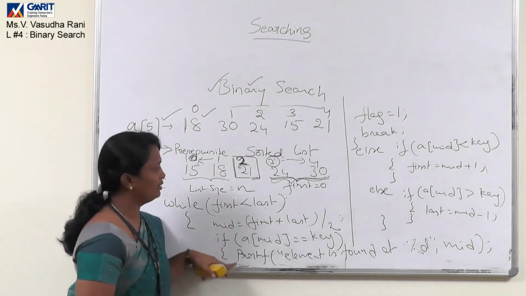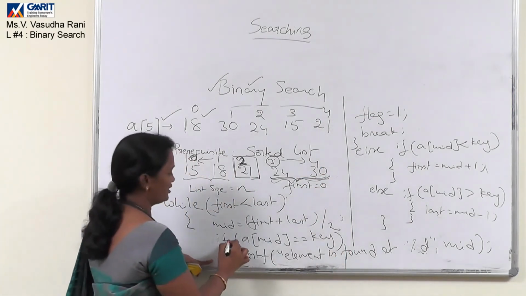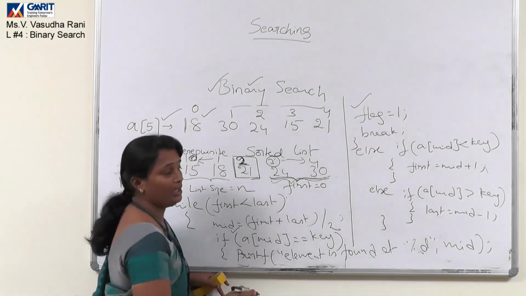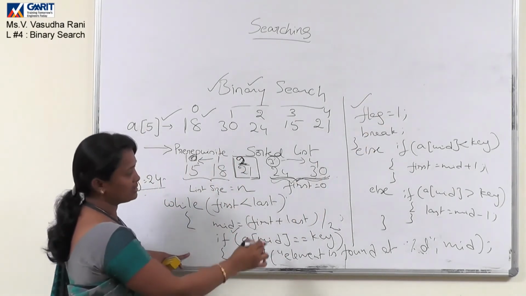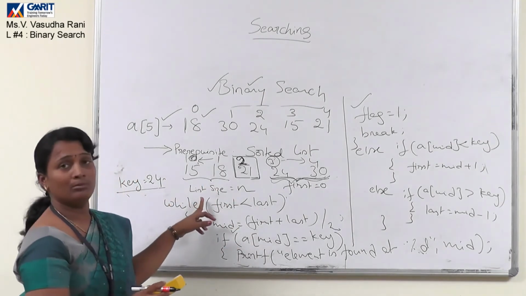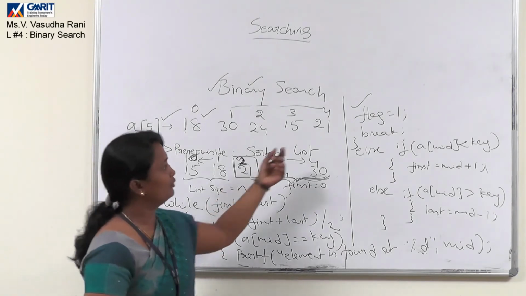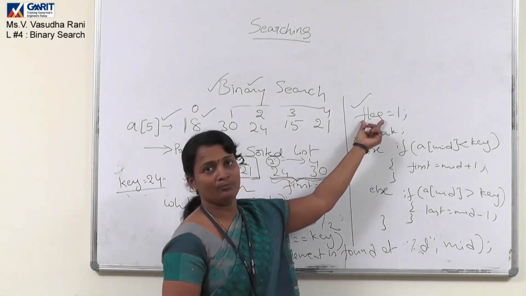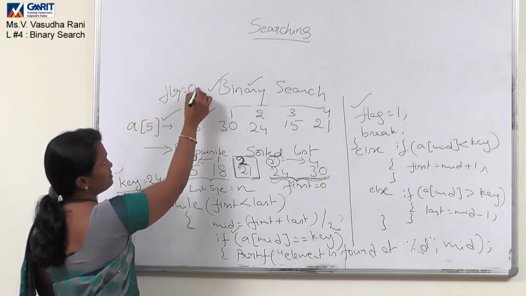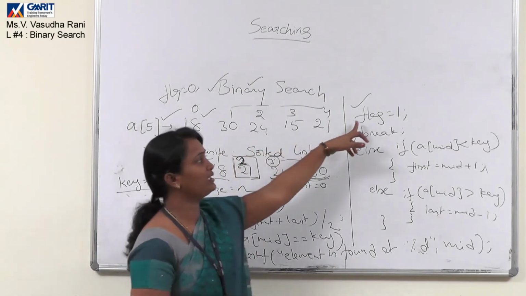So through this we will be identifying, once we reach the state, if A of mid is equal to key and flag is 1, element will be found. Once this loop is completed, we have to go for the second case, element is not found. Based on the flag value, as flag is initially 0, once this loop is completed, we check whether flag is 1 or not.